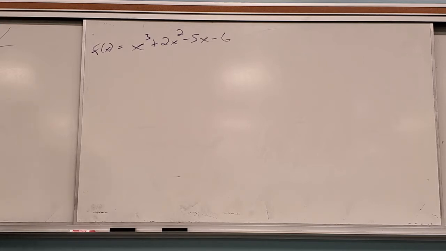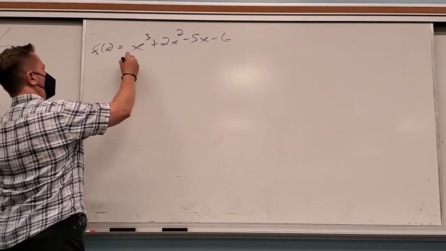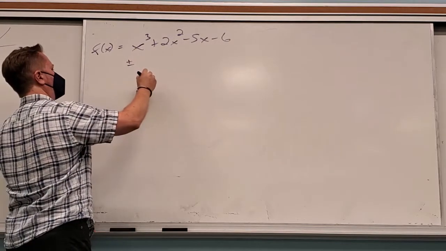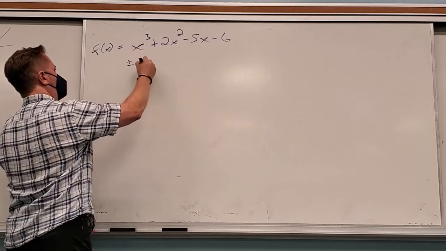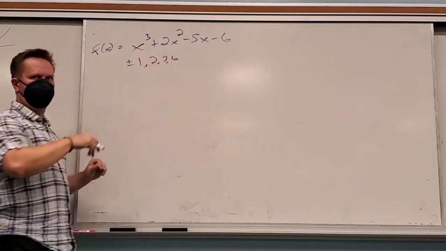What's the list of possible rational zeros? One, two, three, six. Okay.